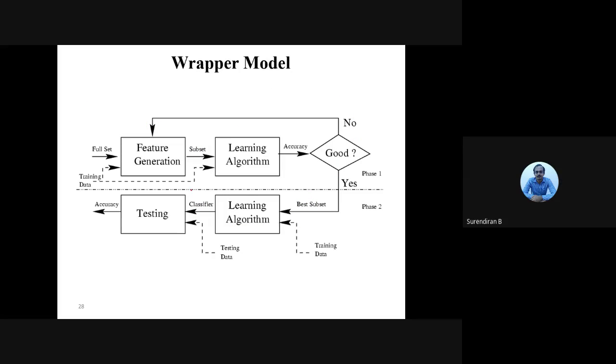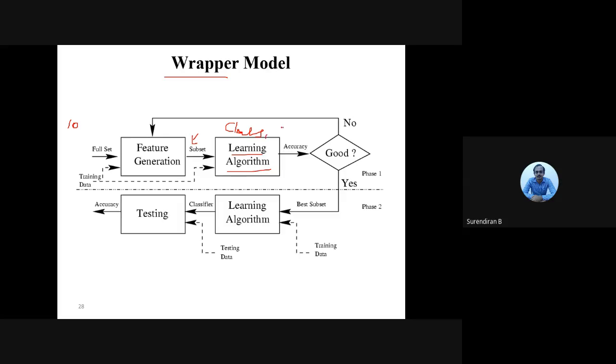In the wrapper-based method, so wrapper-based method is based on the classifier. Let us say we use 10 features as input, and from that we will select one subset of the features. And here the learning algorithm is the classifier.